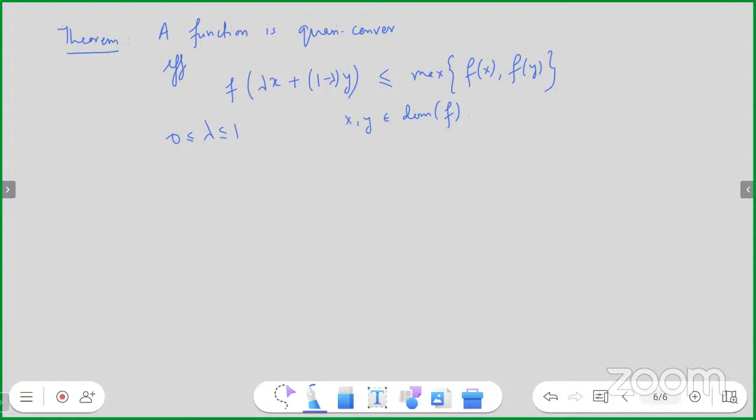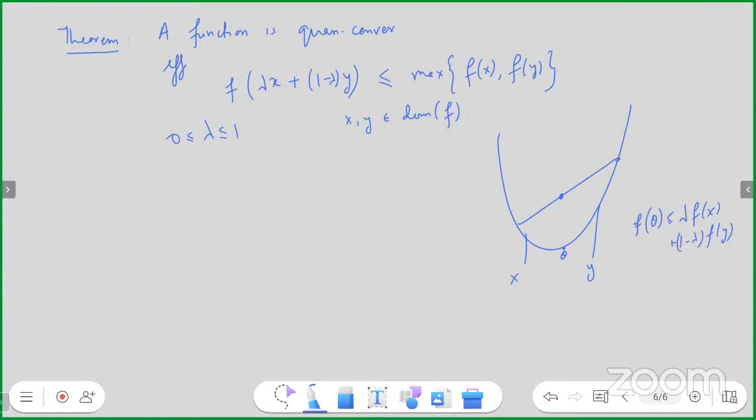For a convex function, what do we demand? That the value here should be larger than the value here. So this was x, and this is my theta, which is nothing but lambda x plus (1 minus lambda) y. What did I demand? That f of theta was smaller than lambda f of x plus (1 minus lambda) f of y.